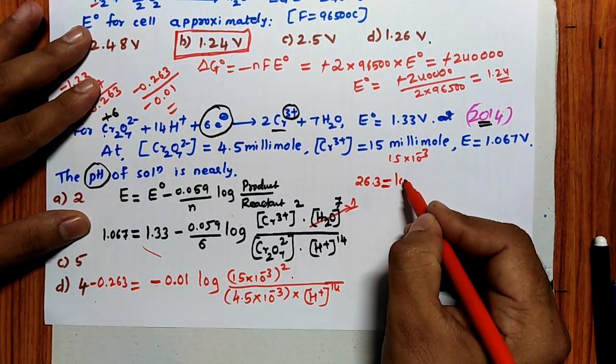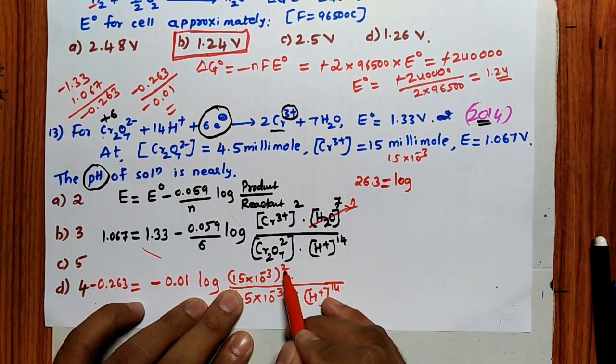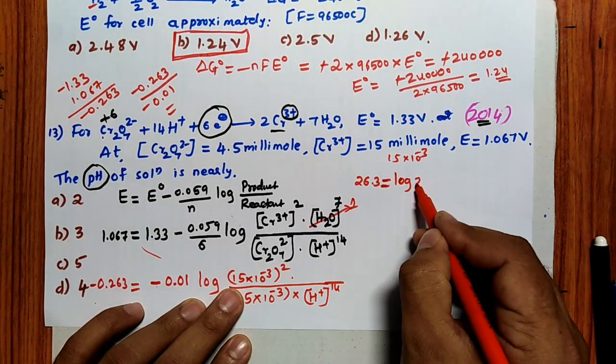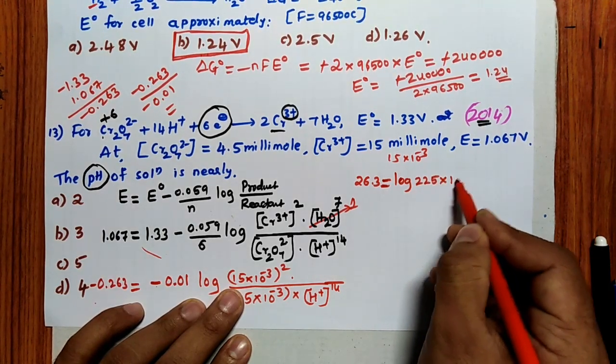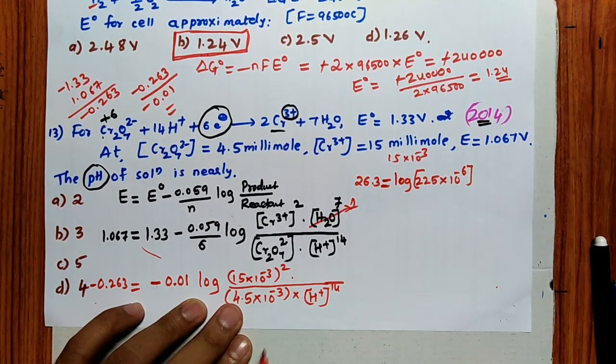log of, right? Log of, see, 15 square is how much? 225. 15 square is 225, correct? So log of 225 into 10 to the power minus 6, because 3 twos are 6.